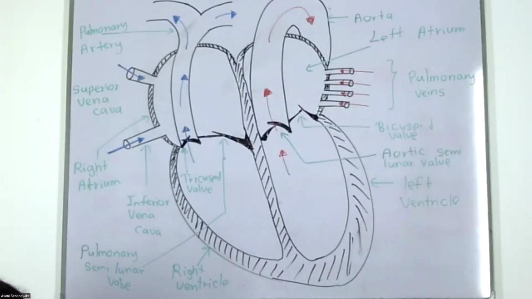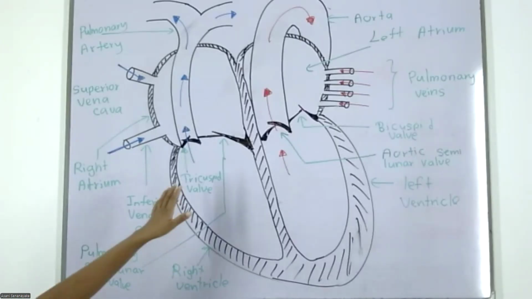Setuki, your diagram is correct. There are only a few mistakes, but now it's okay. One thing in your diagram: the right atrium and left atrium, these two atria are a bit smaller and the ventricles are a bit large.